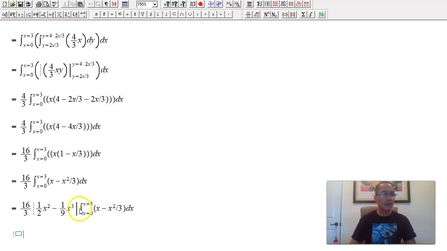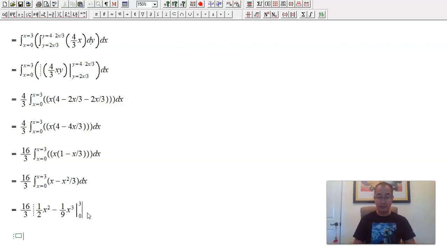So let's see how that looks. x becomes x squared over 2, x squared becomes x cubed over 3 times another 3, so it's minus 1. I think that's fine. And then we're going from 0 to 3.